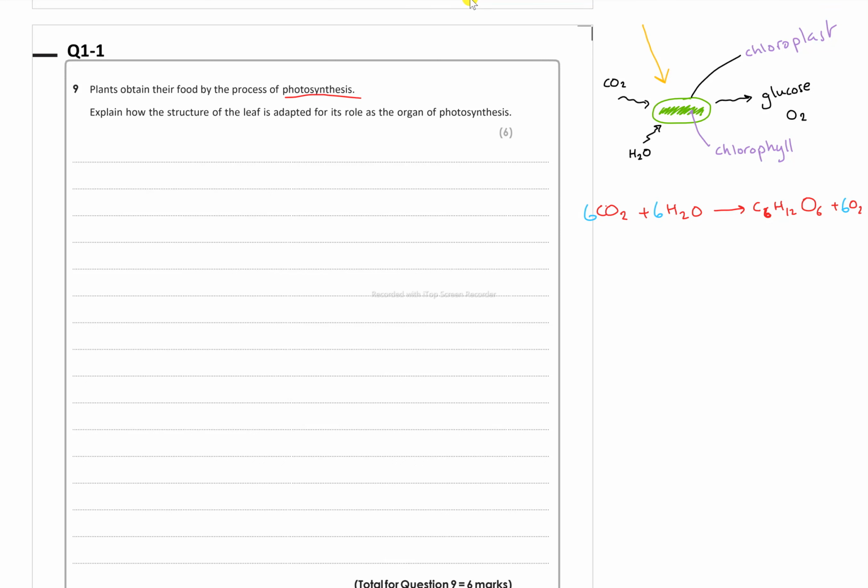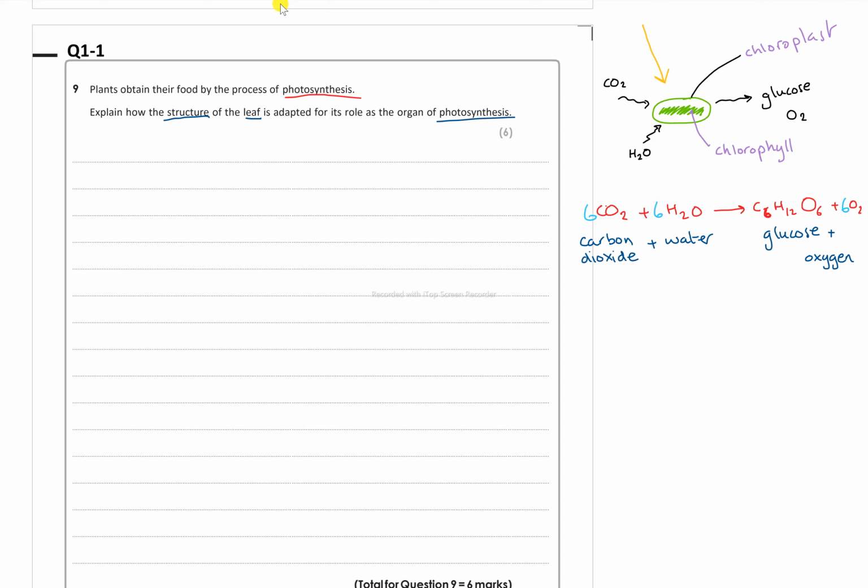So if I had to put a word equation, I would write carbon dioxide plus water gives glucose plus oxygen. There you go.